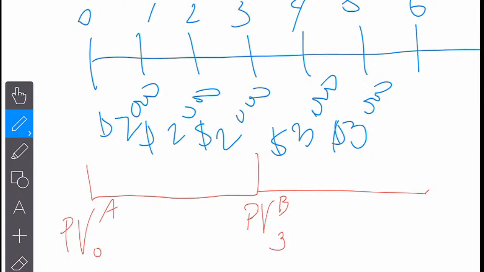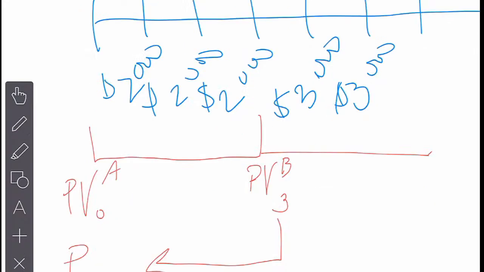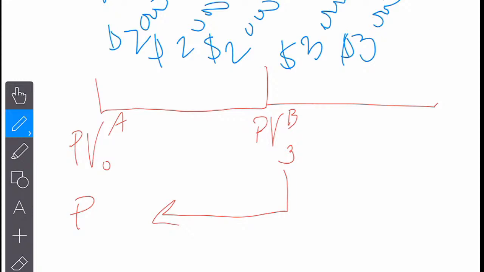So what you've got to do is calculate the present value for the first part, and then for the second part, you need to compute the present value at time 3 and then discount it back to time 0. And add those together. So those are the steps involved with that exercise.